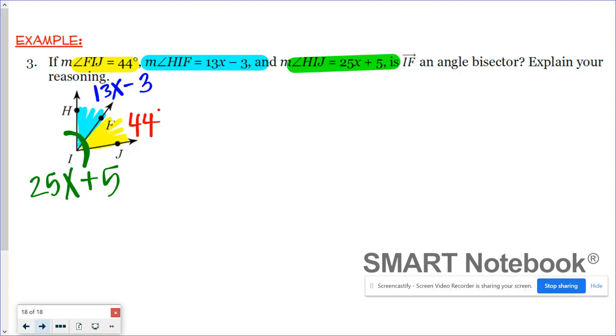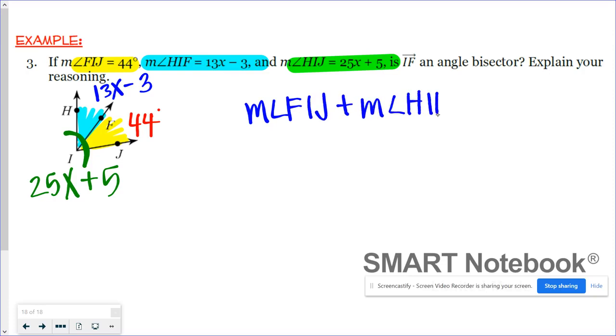Okay, so just like we saw in a midpoint problem in the last lesson, I can't start with an assumption. I have to start with what I absolutely know to be true. And what I absolutely know to be true is that the measure of angle FIJ plus the measure of angle HIF equals the measure of angle HIJ.